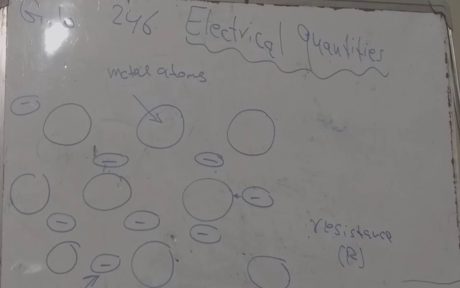For example, copper is a better conductor than iron.